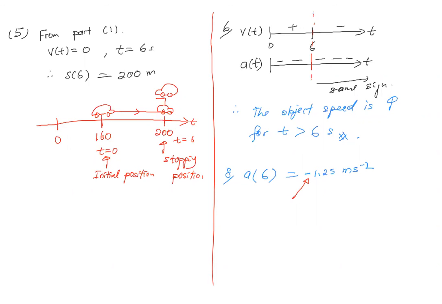If you say deceleration, that means you don't say the negative sign in it. So I can just say decelerates. You can say decelerate at 1.25 meter per second squared. I still don't understand the meaning of decelerate.